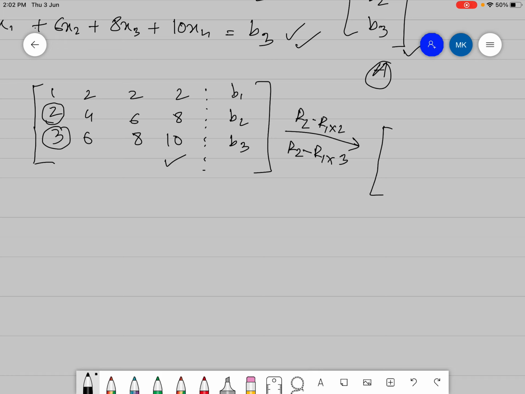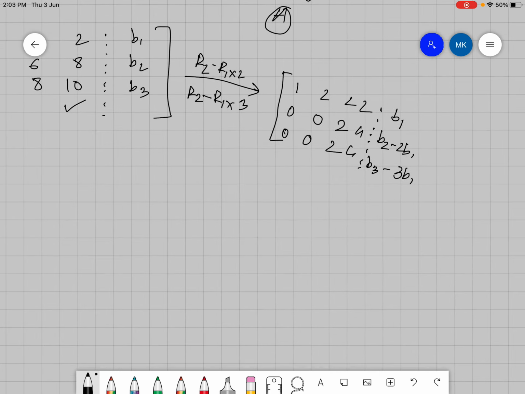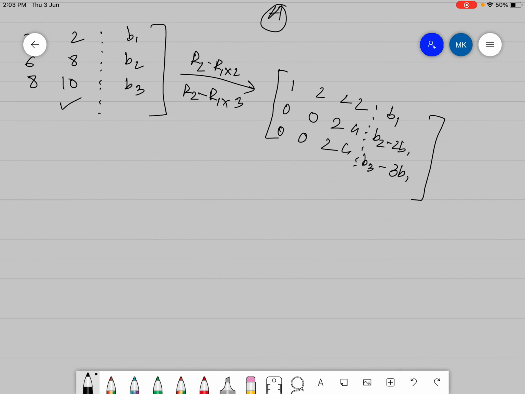This would be 1 2 2 2, 0 0 2 4, 0 0 2 4, and on the right b1, b2 minus 2b1, then b3 minus 3b1.